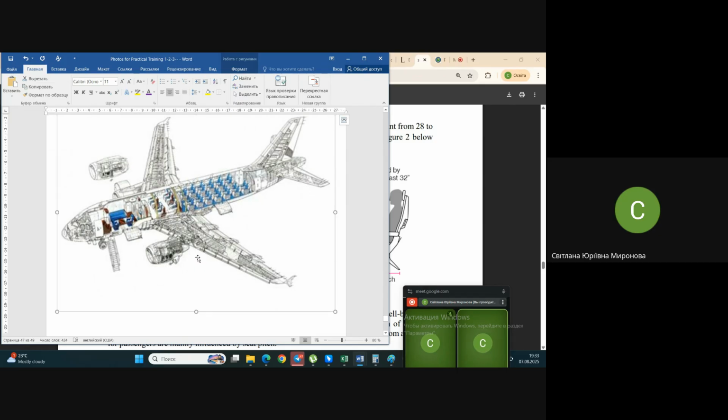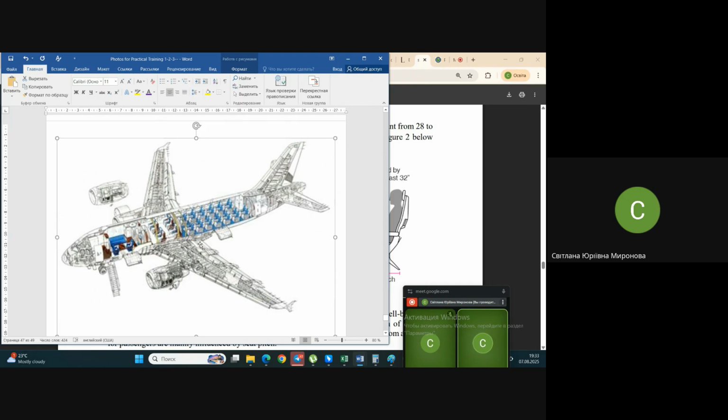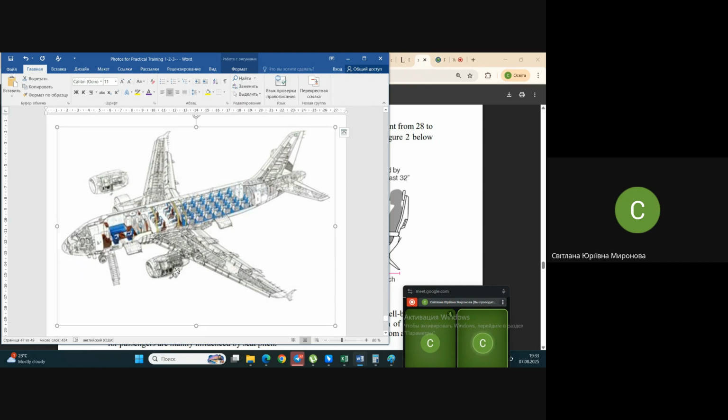Oh, I've recollected the correct name in English. Turbofan engine, and what does this turbofan engine differ in from the usual turbojet? The diameter, the size of the engine is much greater than the size of a turbojet.